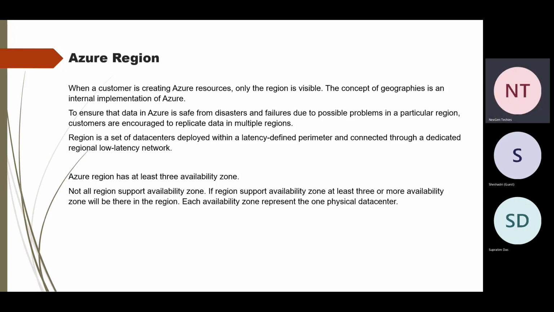Okay, we'll see that. So we use availability zones if you want your production system to be on HA, high availability. It also depends upon your SLA agreement, what types of SLA you want. We'll see that in detail.